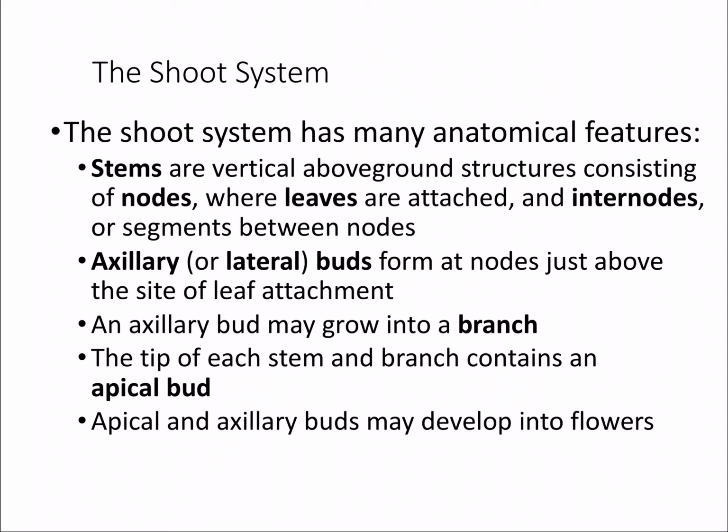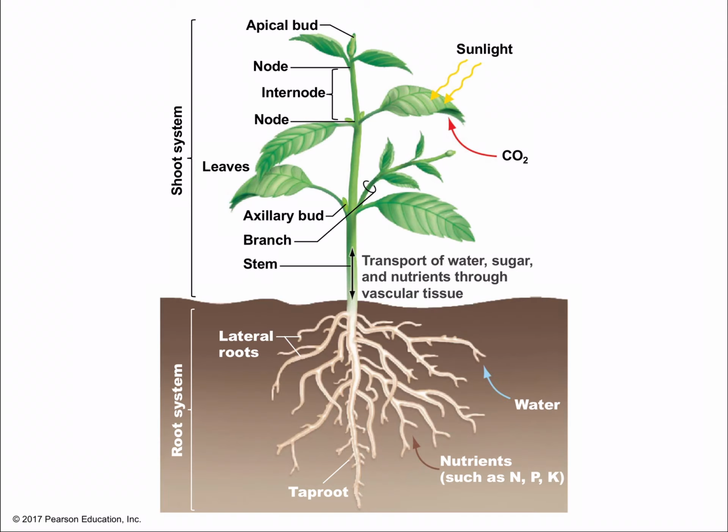All right. The apical bud, or the apex of the plant, is also going to contain this bud as well, where growth is going to take place, making the plant longer. And both of these apical and axillary buds can develop into flowers. So here's that picture again, and you can see pretty straightforward here the different parts for you to reference.